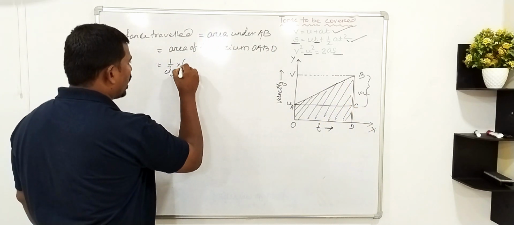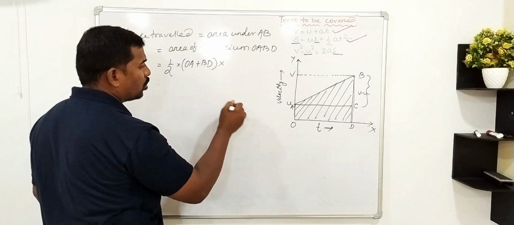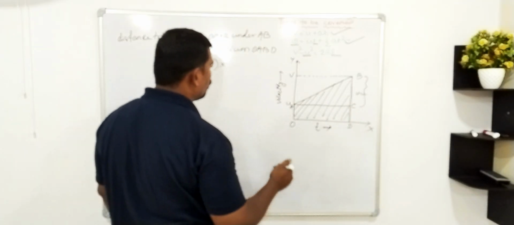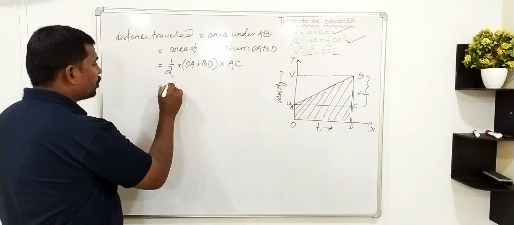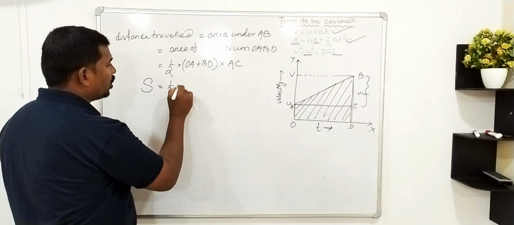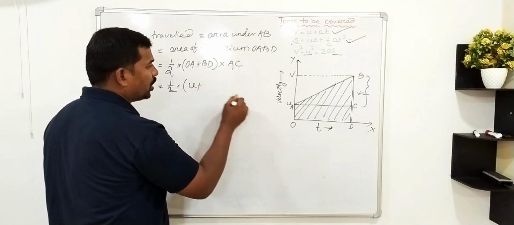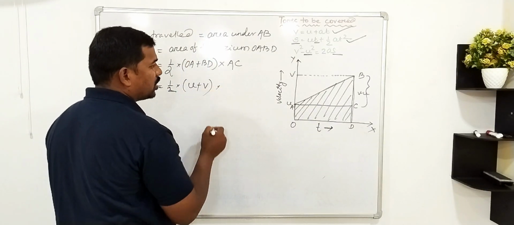So you can write half into OA plus BD into height; you can use AC or OD, but it is better to use AC. Then replace the values. S is the distance traveled, equal to half into OA plus BD, where OA is equal to U, the initial velocity, and BD is equal to V, the final velocity. So U plus V into AC.